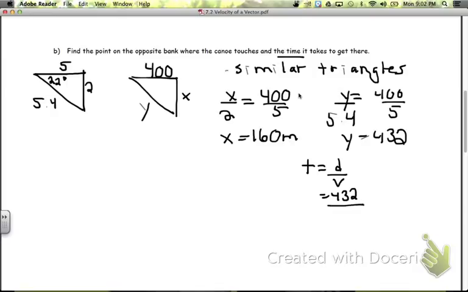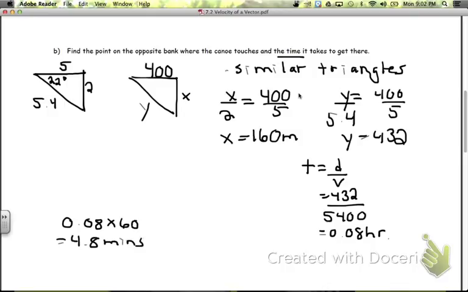We know our velocity is 5.4 kilometers per hour, but we need to have it in the same measurements, and since we have our measurements in meters, we need to change that, so it's going to be over 5,400, which is equal to 0.08 hours. To convert that to minutes, we just take 0.08 and multiply it by 60, and you're going to get that it would have taken 4.8 minutes. So make sure to finish that with a therefore statement.